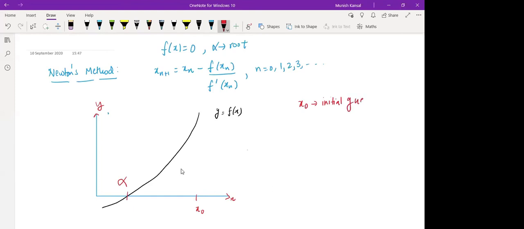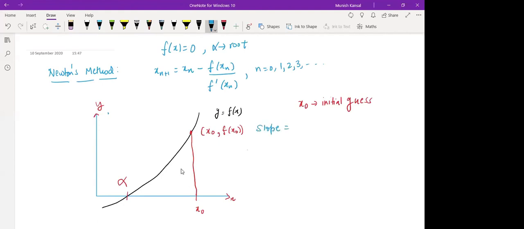So x naught is my initial guess, right? When we start with the initial approximation, the next step is you go to the graph, right? So on the graph, this point will be x naught comma f of x naught. So this is the point. Now at this point, we also know the slope. What is the slope?